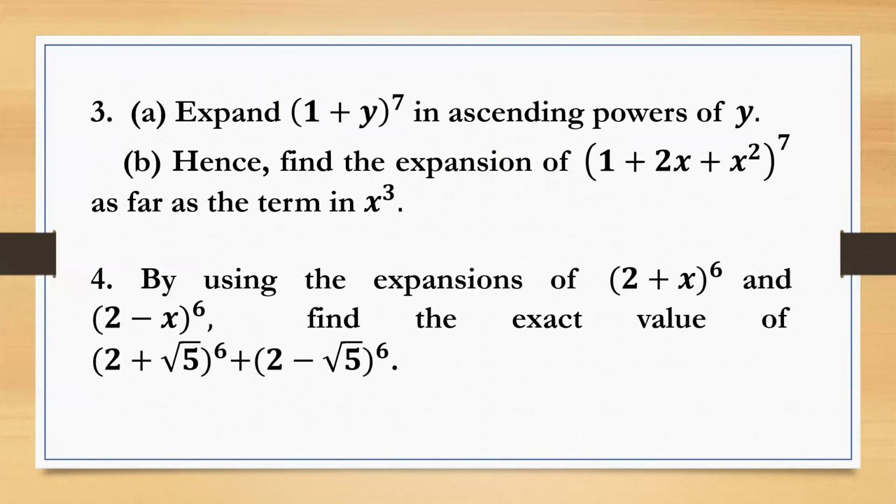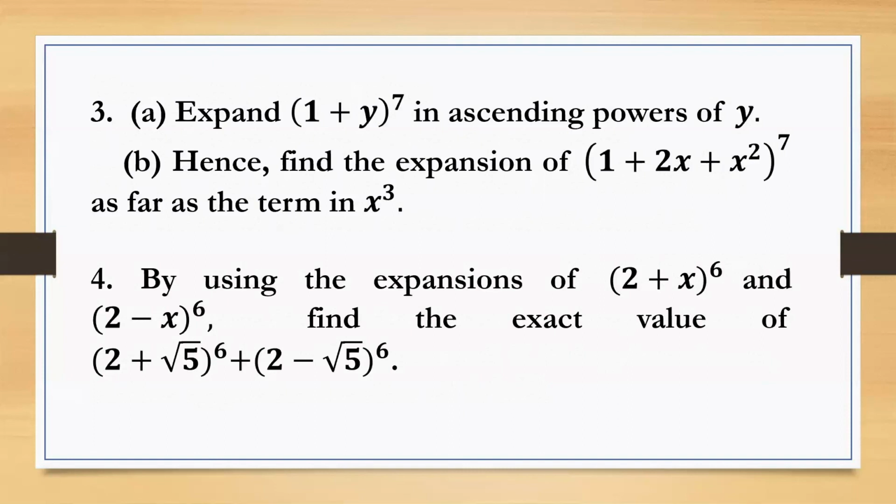Number 4, you need to find the expansions of (2 + x)^6 and (2 − x)^6 to be able to find the exact value of (2 + √5)^6 + (2 − √5)^6.